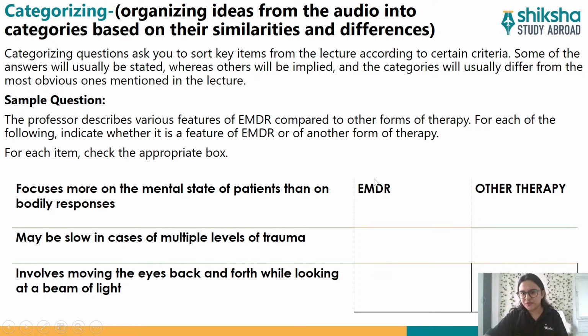So one column is for EMDR and the other is for other therapy, right? For each of the following, indicate whether it is a feature of EMDR or of another form of therapy. So what you have to do is, these three have to be clicked with this. That means whether you think this sentence is for EMDR or whether this sentence is for other therapy methods or processes. That is what you have to choose out of these three.